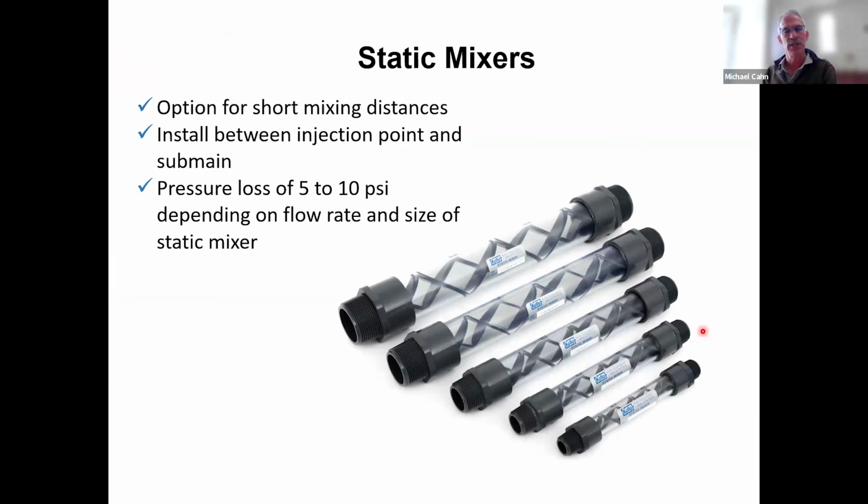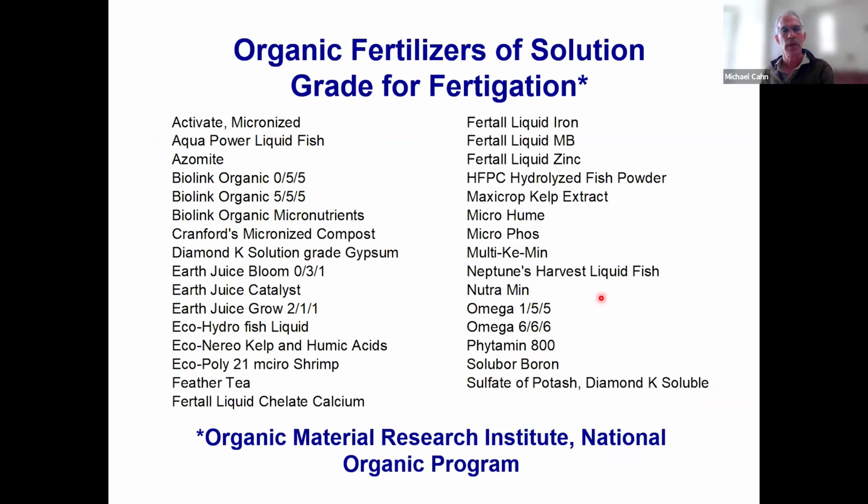They do cause some pressure loss, and usually you're going to have to take some water off the main stream. You inject it, and then downstream you have this static mixer, and then the fertilizer goes back into the water. So those can help just quickly getting that fertilizer mixed with the water so that you have a nice uniform application.